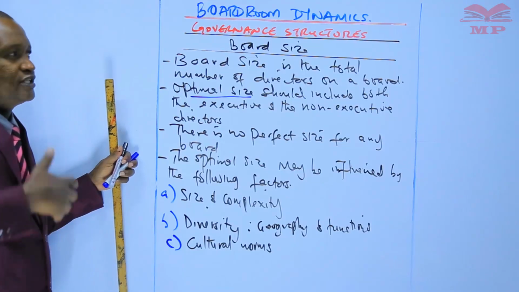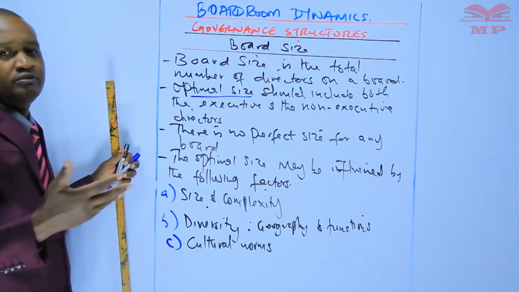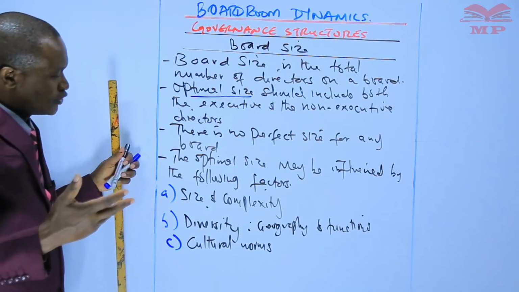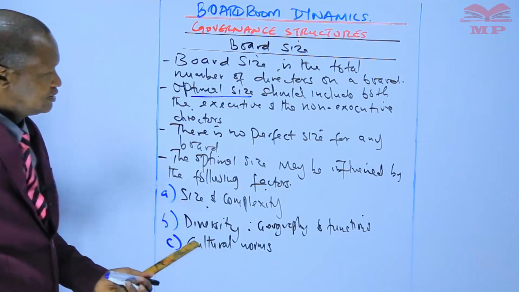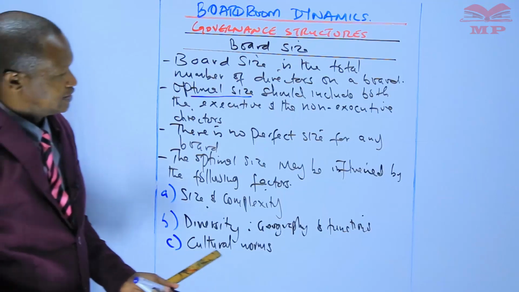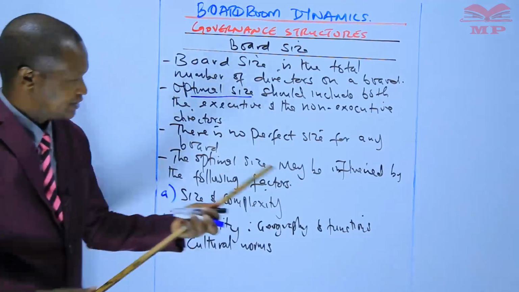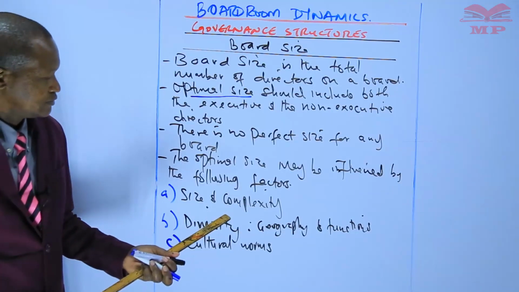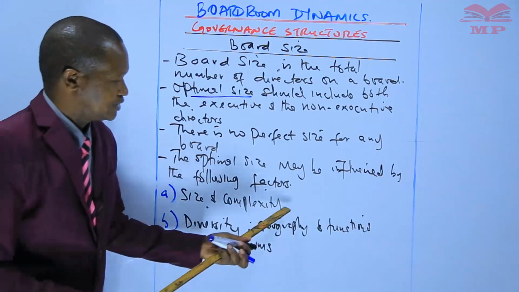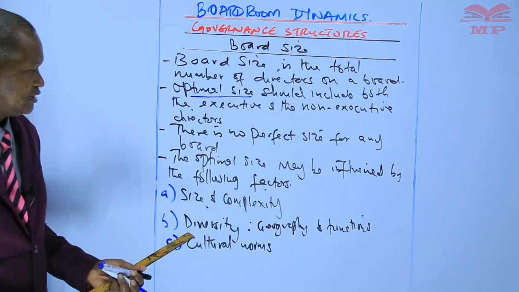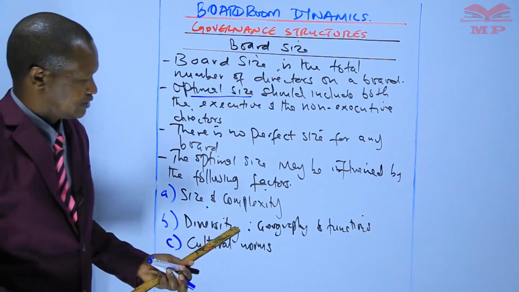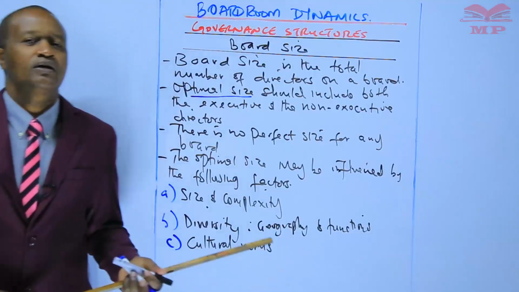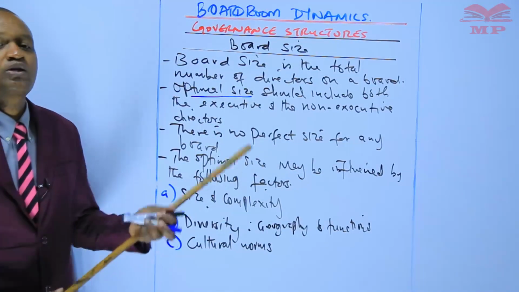Culturally, university boards are large. So these are just three factors that will determine board size: the size and complexity of the business, the diversity of the business, and the cultural norms of the industry in which the business operates.